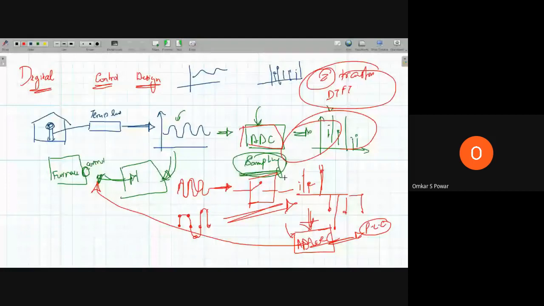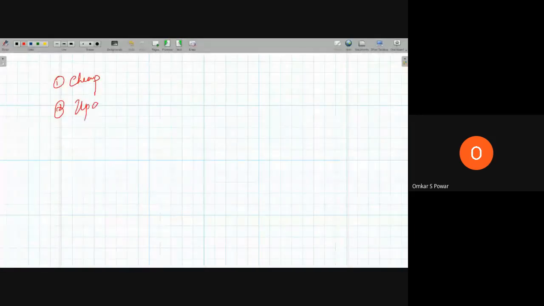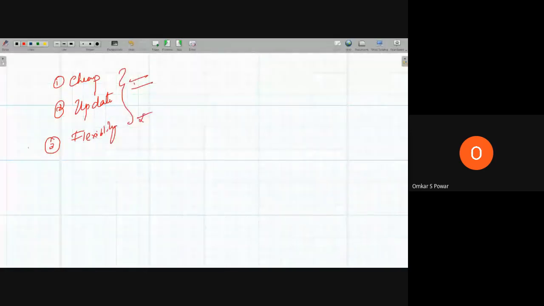What are the advantages? The first one, it is cheap. The second one, it is easy to update your algorithm, and the third one is flexibility. So these are the three things which make us move towards digital signals.